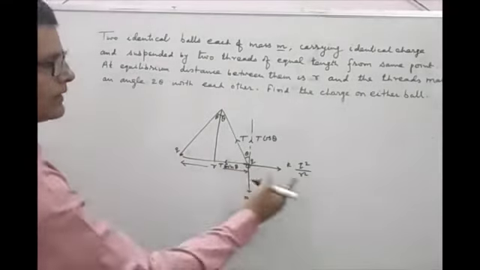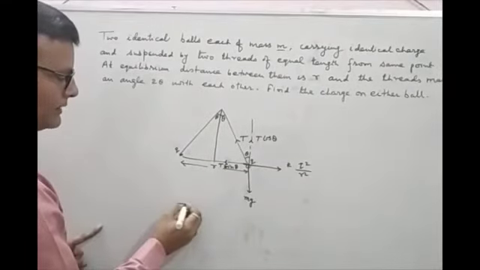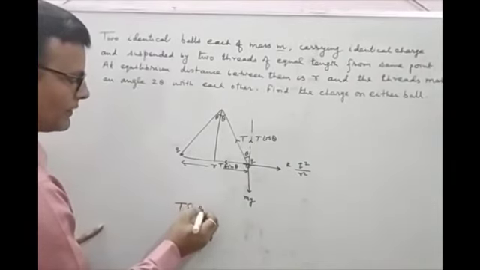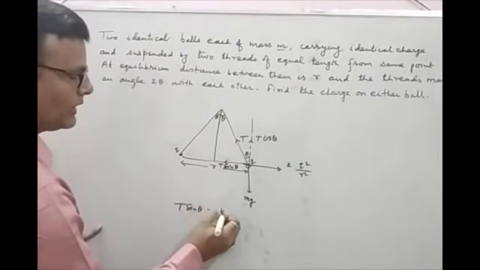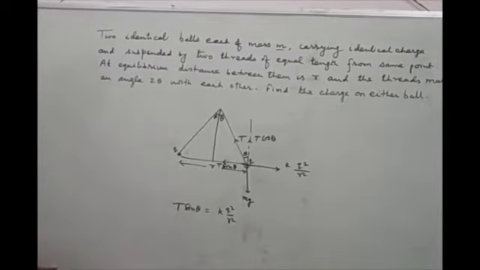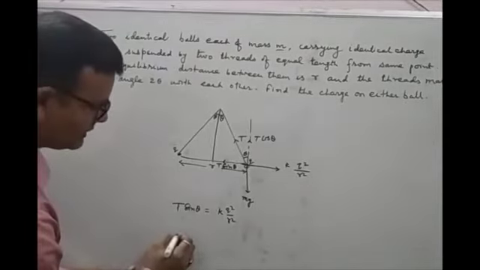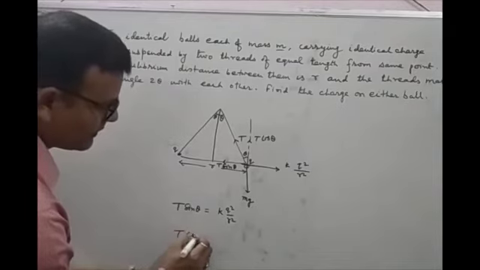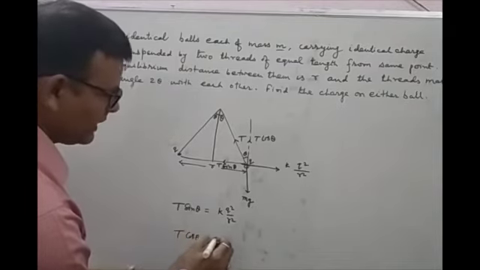In the horizontal direction, T sin theta is equal to k q square by r square, and T cos theta is equal to mg.